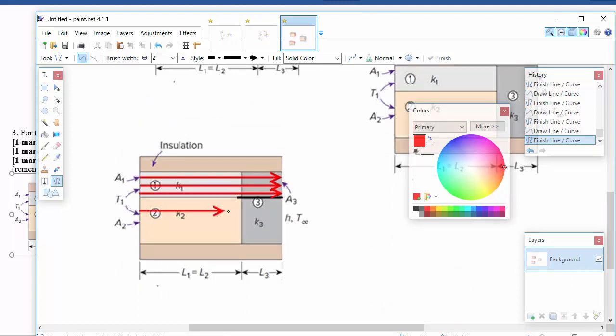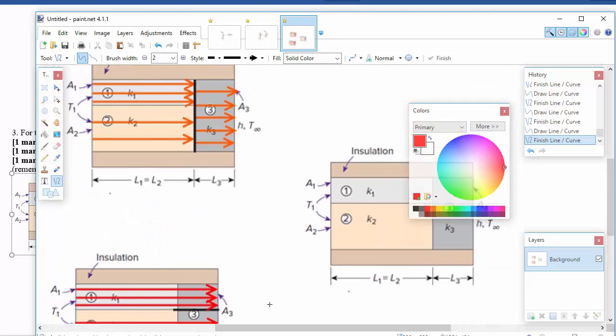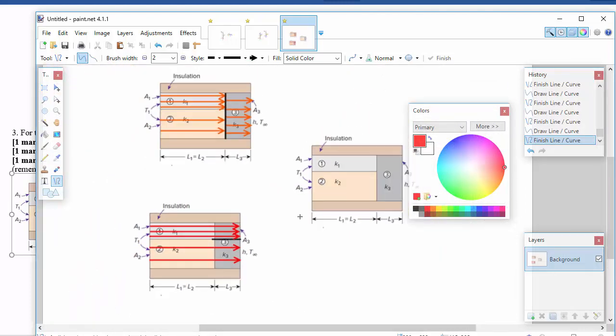And then down here we would have certain conduction going through that as well, perhaps less if K2 is a lot lower. So the adiabatic parallel assumption, you'd take this in series with this part, and then this in series with that part, and then when you're done that, you would add both of those in parallel to figure out the total conduction.